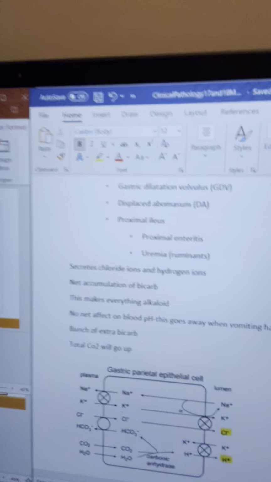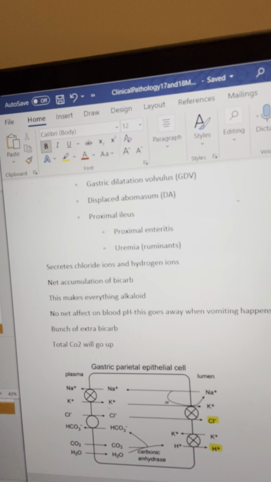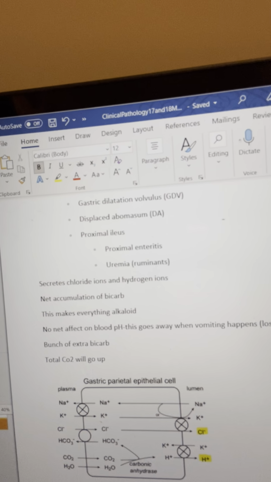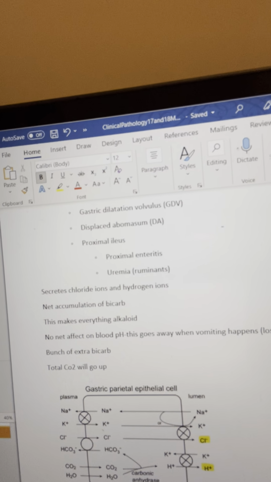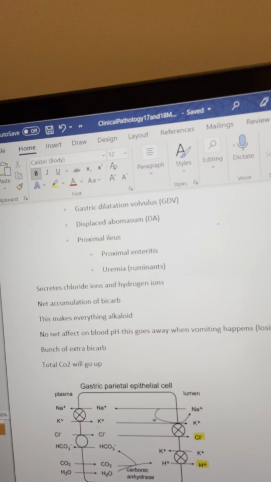Here it secretes chloride ions and hydrogen ions, with the net accumulation of bicarb. This makes everything alkalotic, so no net effect on the blood pH. This goes away when vomiting happens, so there's a bunch of extra bicarbonate, and the total CO2 will go up in this case. So we're going to think of vomiting and gastric reflux.